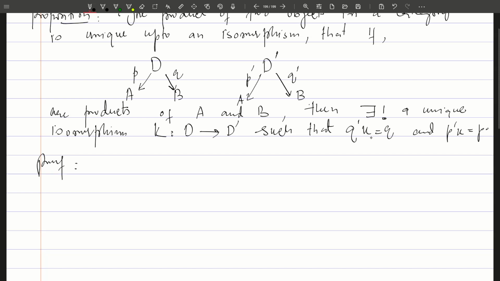Now, what do we assume? We assume D and D prime are two products, the products of A and B. And then we use the definition of product.